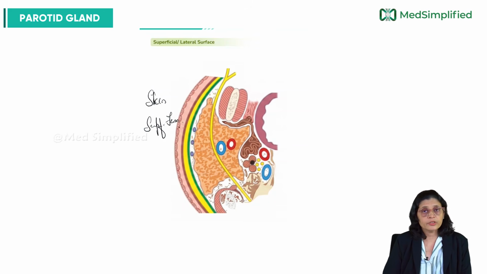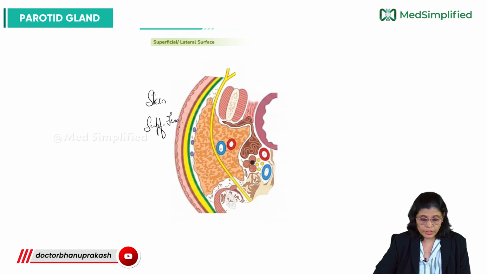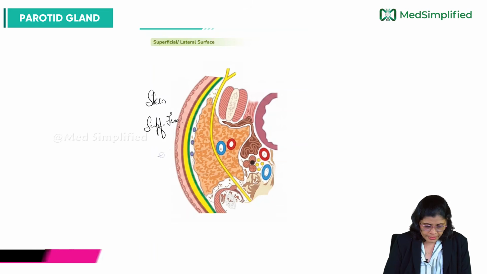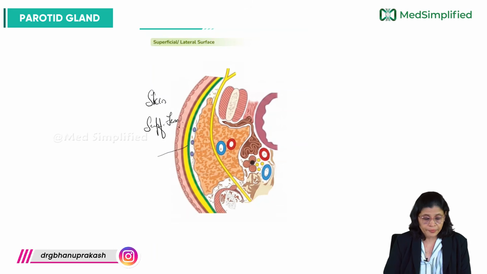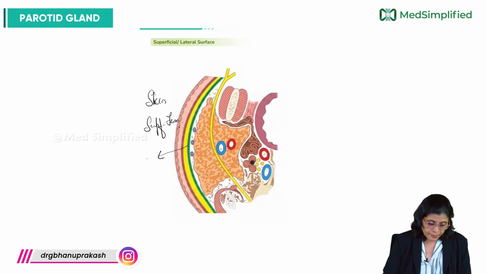In the superficial fascia, we will see the platysma muscle also, and the anterior branch of the great auricular nerve is also seen there, and a few lymph nodes. And then we have the parotid fascia, that is the investing layer of deep fascia, which is covering the parotid gland as the false capsule. So we see the parotid fascia there.